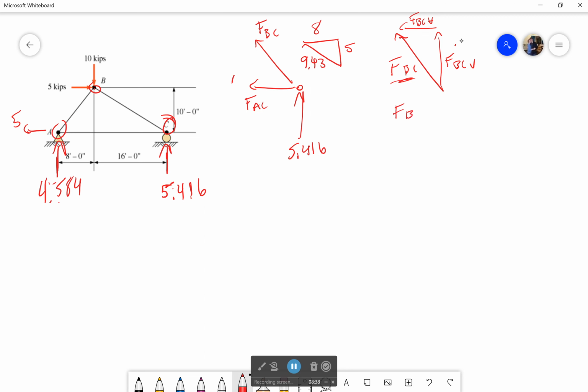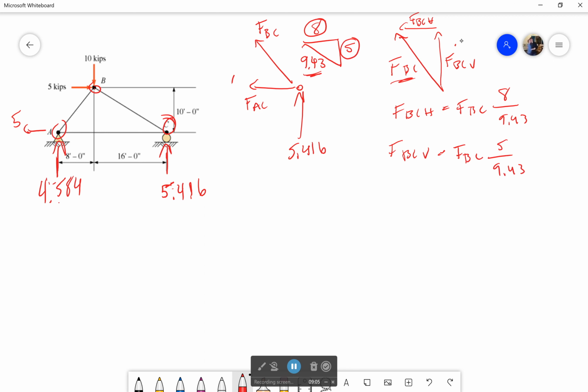So force BC horizontal will equal force BC times the horizontal component of my slope triangle over the hypotenuse. So 8 over 9.43. And then force BC vertical is going to be equal to force BC times the vertical component of my slope triangle over the hypotenuse. So 5 over 9.43.